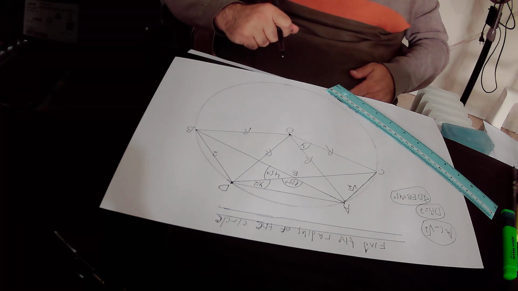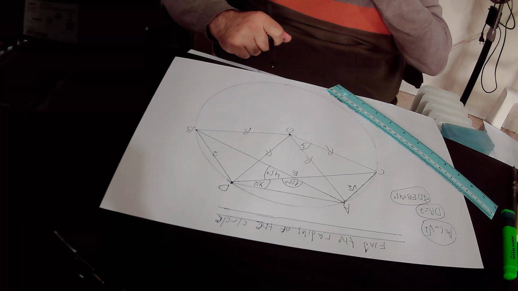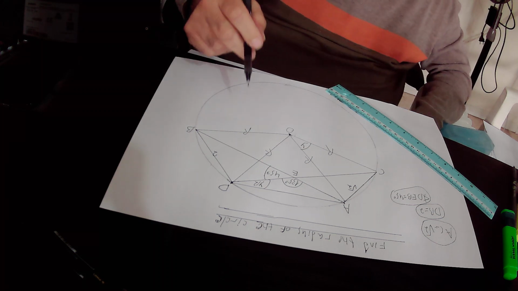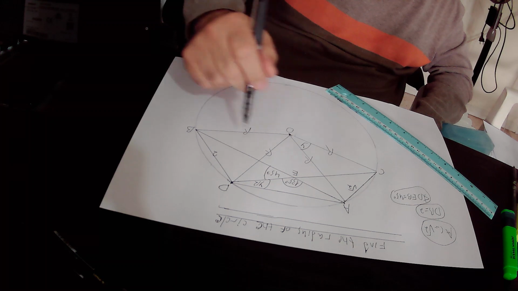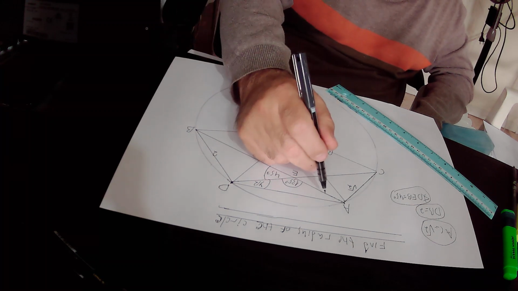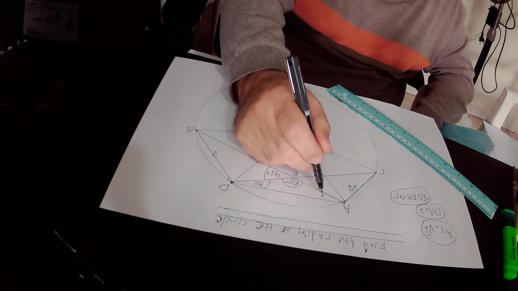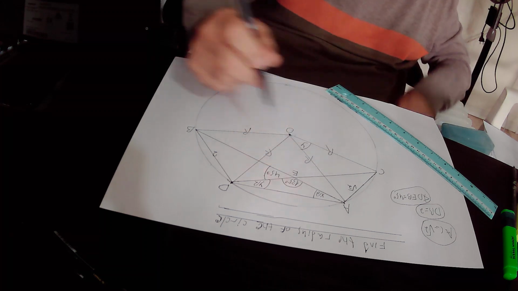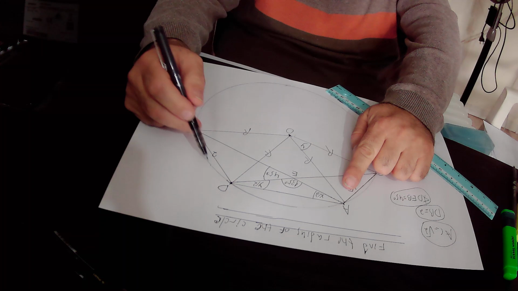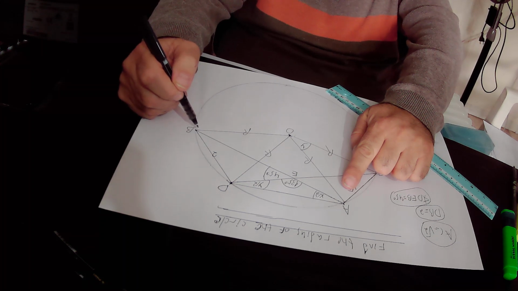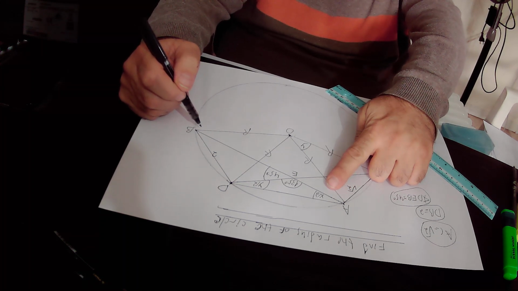Likewise, we'll define angle BAD, the peripheral angle BAD, this angle is x over 2. The peripheral angle BAD rests on chord BD, and it is equal to x over 2.